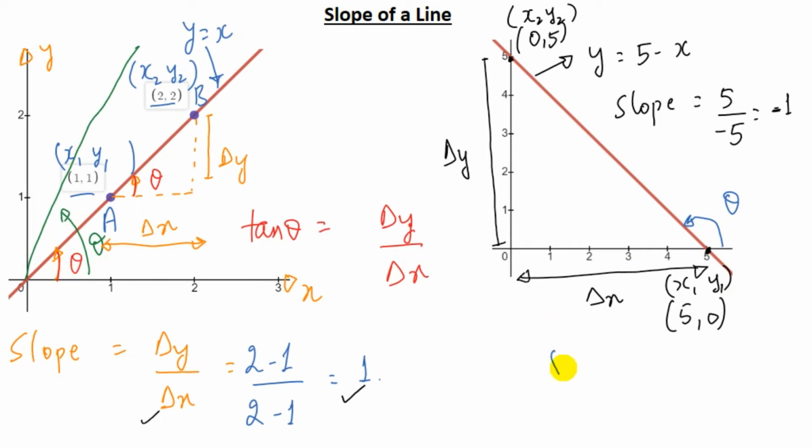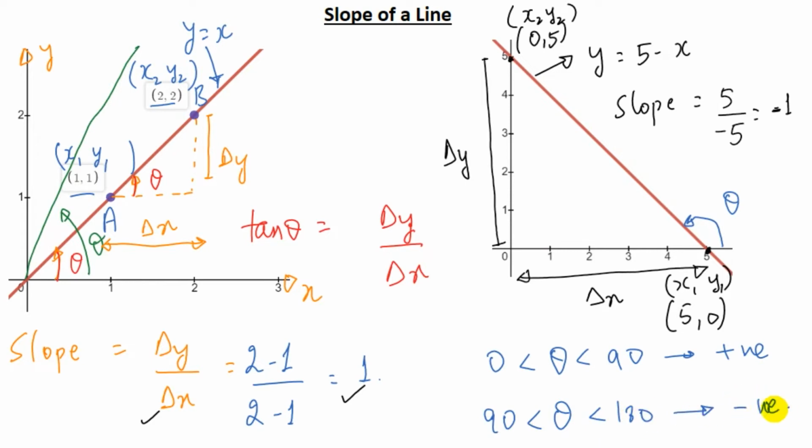So whenever theta is between 0 and 90 degrees, the slope would be positive, and whenever theta is between 90 degrees and 180 degrees, the slope would be negative. And what about when theta is 0? When theta is 0, slope would be 0.